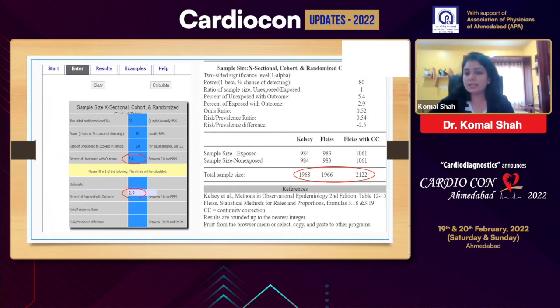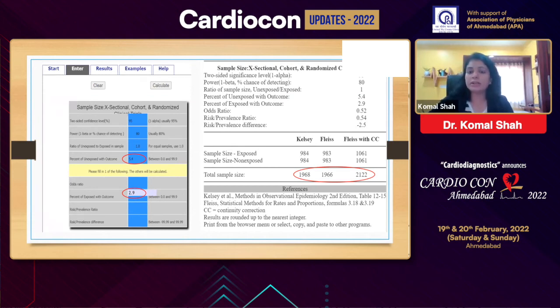Whereas the contrasting information related to my intervention needs to be added in the percentage of exposed with the outcome. The software will calculate the odds ratio, prevalence, and the rest of the things on its own, so I don't need to add those. I just need to click the calculate button, and you can see at the right-hand side, the sample size is calculated. This is the sample size that I will be needing for this particular study.